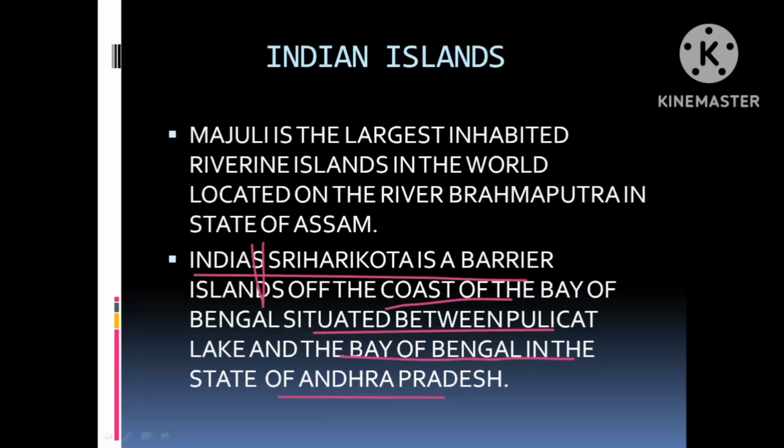The Chandrayaan 3 satellite was launched from Sriharikota. In other words, we can say that it is a barrier-like area that separates the Bay of Bengal and the Pulicat Lake of Andhra Pradesh.